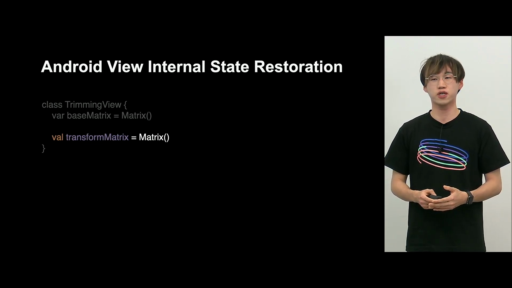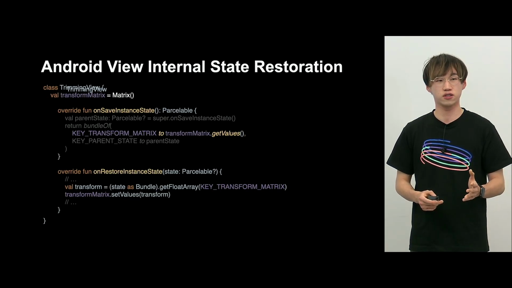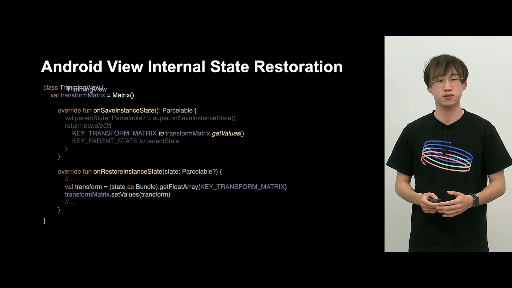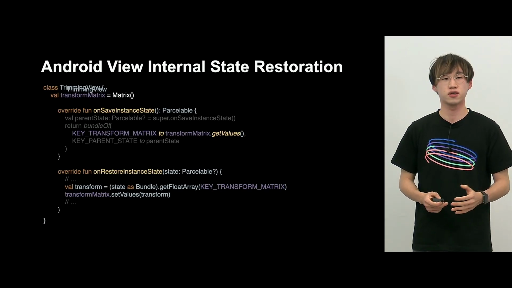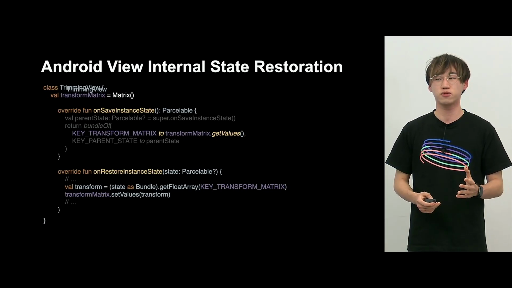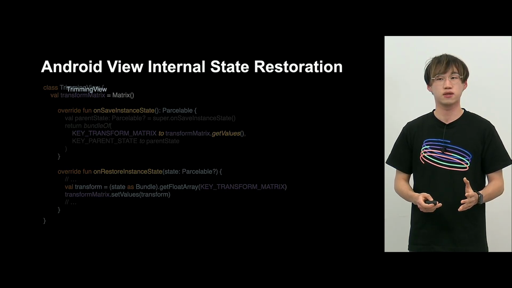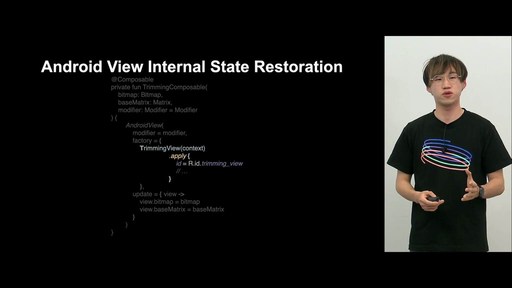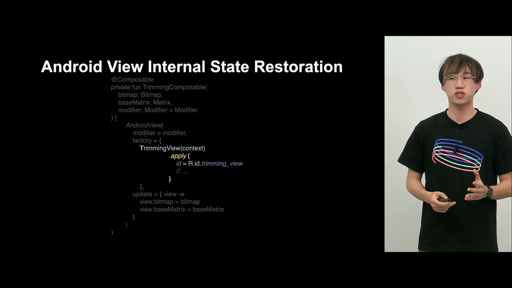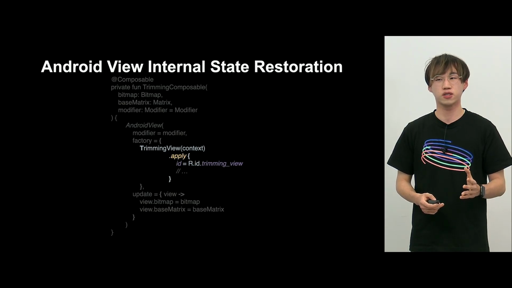So, in order to restore it, the view's onSaveInstanceState and onRestoreInstanceState must be properly implemented. As you can see, before the view is destroyed, the transform matrix must be saved in the bundle, and when the view is restored, the internal state also must be restored. And one more thing you need to do is to specify the ID of the view properly.